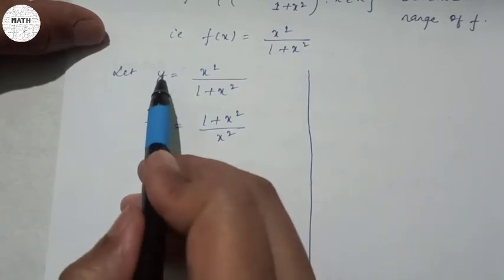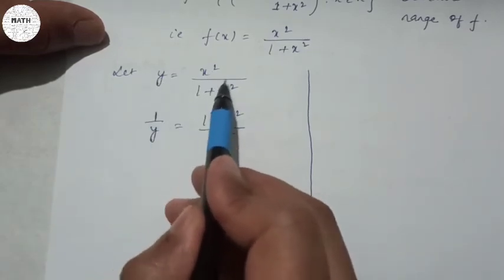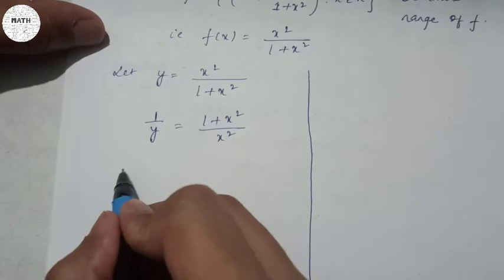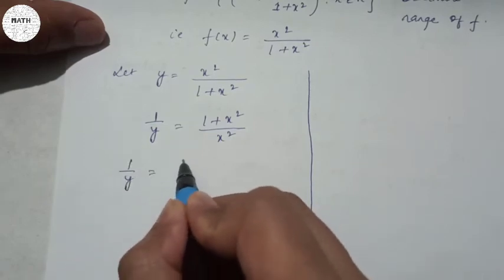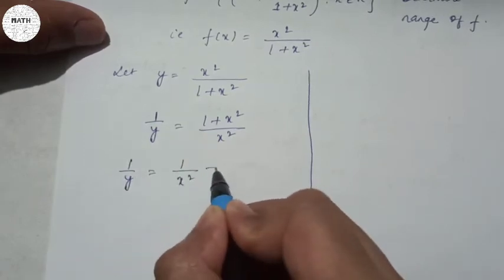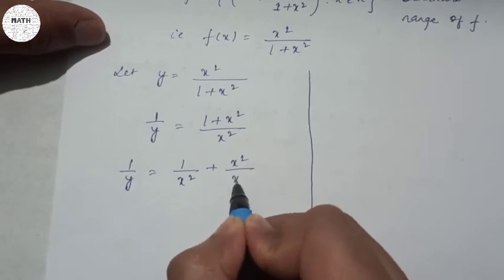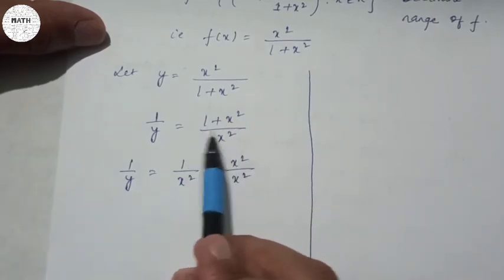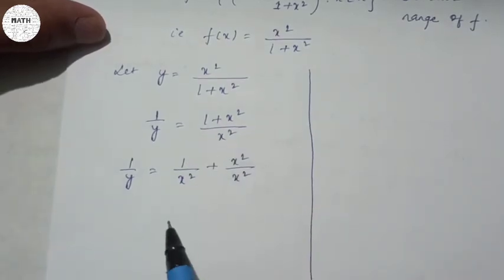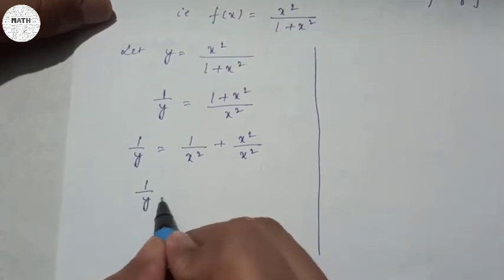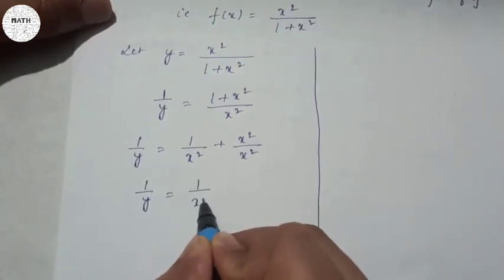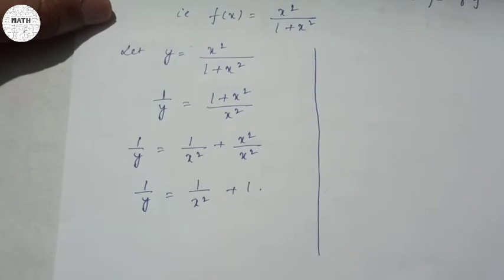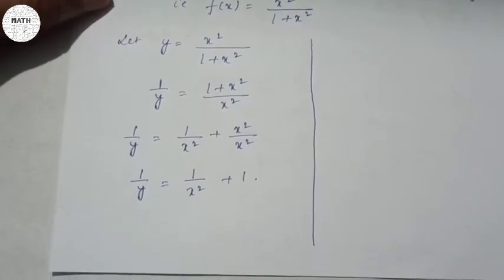That means I change the numerator and denominator, so this will come up. Next term, 1 by y is equal to 1 by x squared plus x squared by x squared. What I did, I broke them apart. I guess you're clear. So it will be 1 by y is equal to 1 by x squared plus 1. I hope you're clear till there.